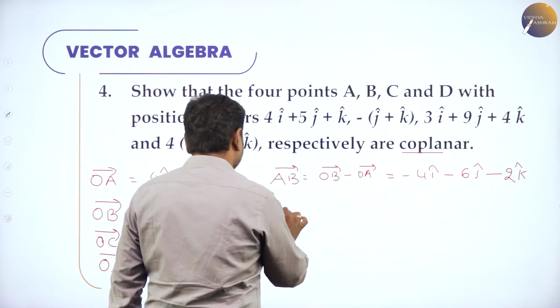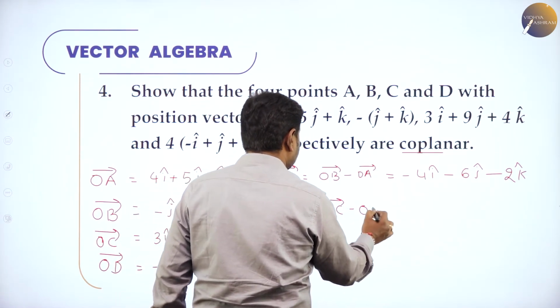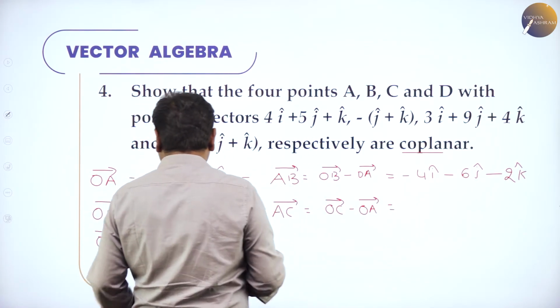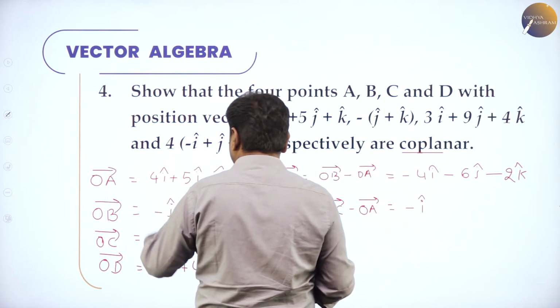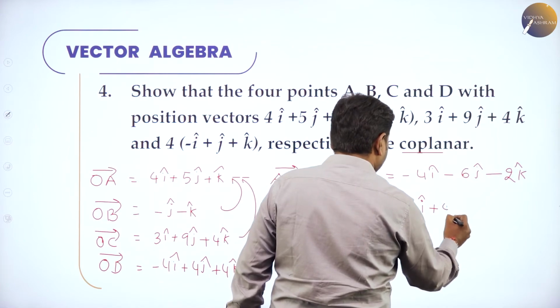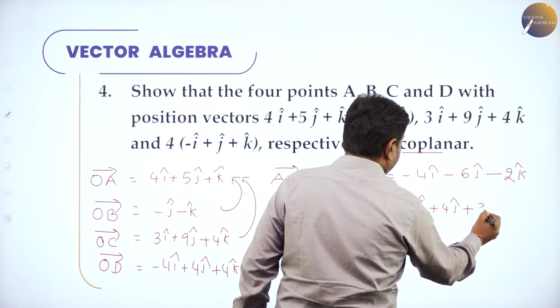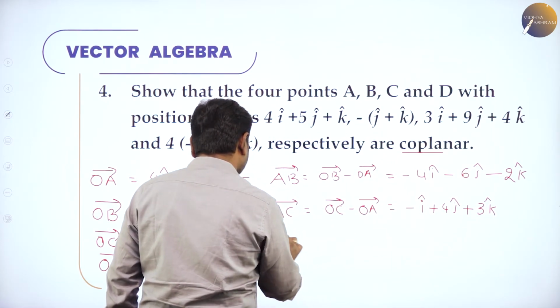Then AC, what is vector AC? Vector AC is vector OC minus OA, that is C minus A. So 3i minus 4i is minus i cap, 9 minus 5 is 4j cap, 4 minus 1 is 3k cap. Then vector AD, what is vector AD?